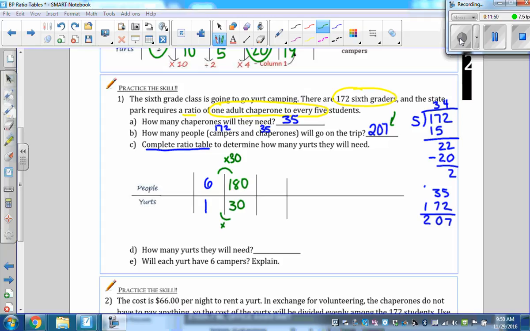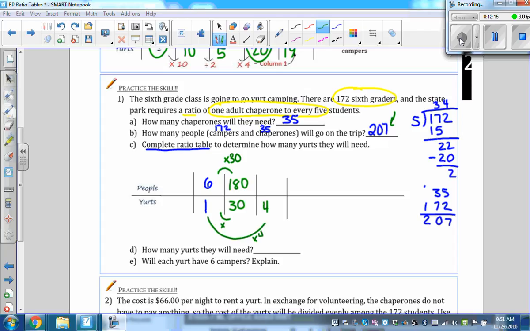So I'm close. I don't have enough, but I'm close. So that's how I'm going to start. And then if I look at my 180 and think, well, I'm almost 30 away, I could just say, what if I add 4 more yurts by multiplying?